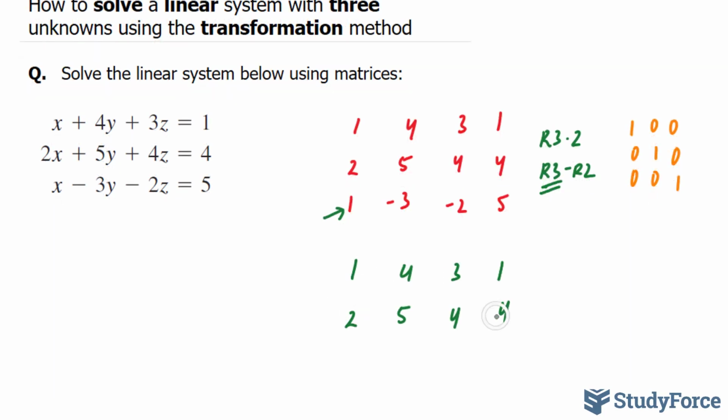Notice that row 1 and row 2 have stayed the same. Row 3 will become 0, negative 11, negative 8, and 6. Just to give you an example, if I multiply this by 2, and I take that product, 2, and subtract it from the element 2, I end up with 0. And you do the same thing with the other 3.